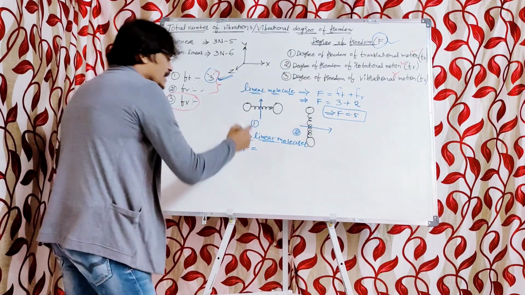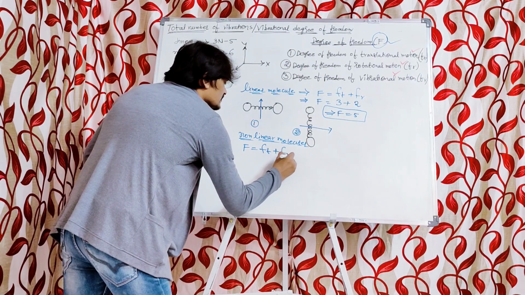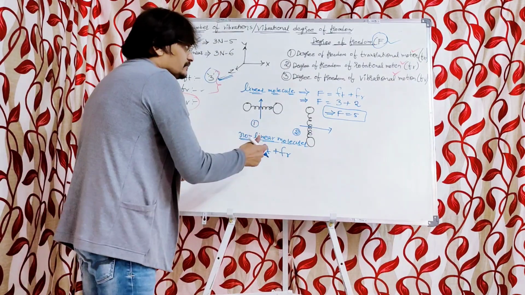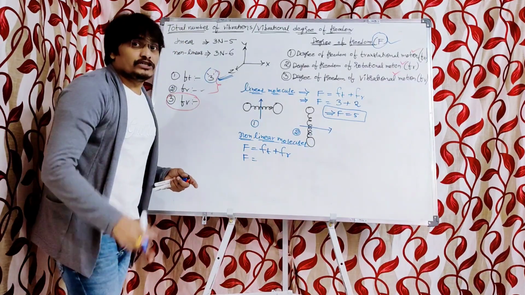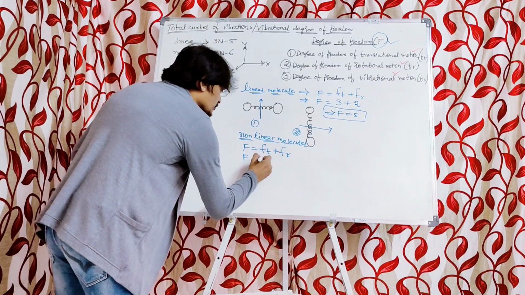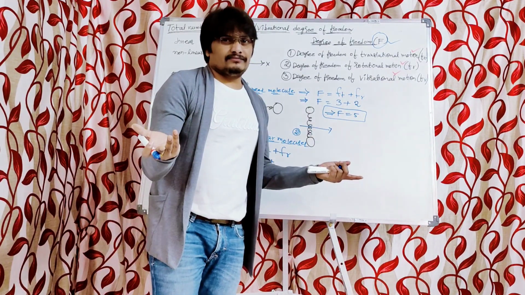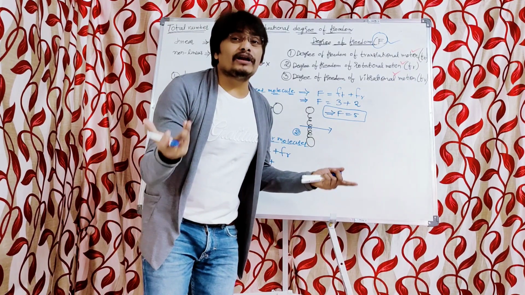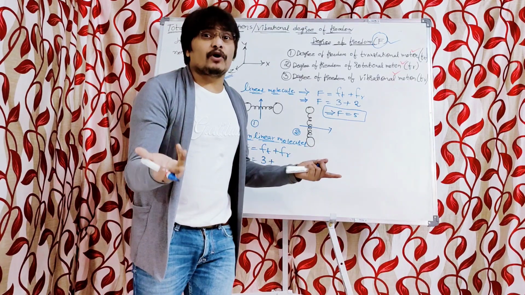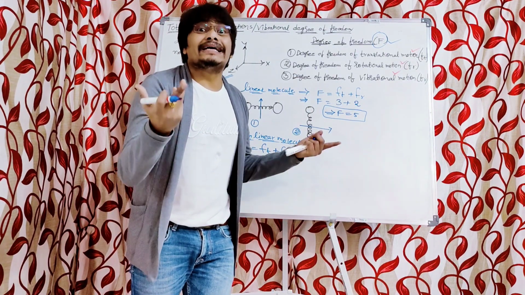So F equals Ft plus Fr. As I have said, the degree of freedom of translational motion, represented by Ft, is 3 for all the molecules irrespective of their structure, and rotation is also 3 for non-linear molecules. So the degree of freedom of rotational motion, represented by Fr, is also 3.